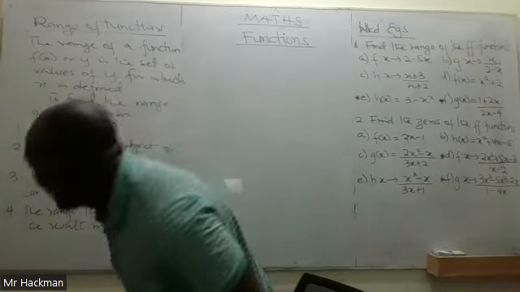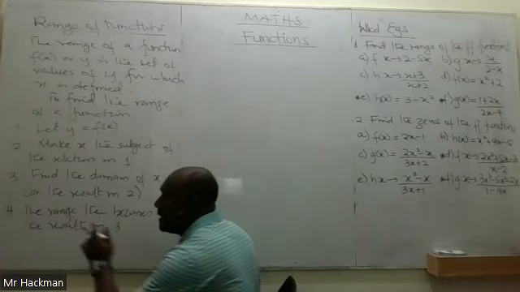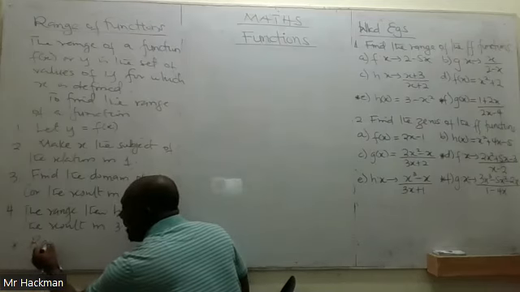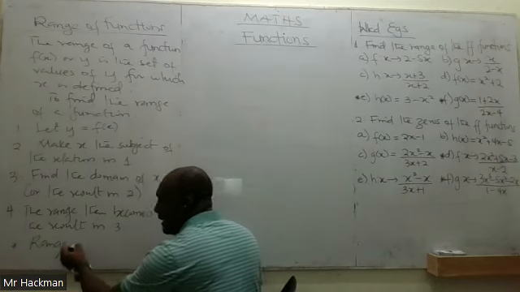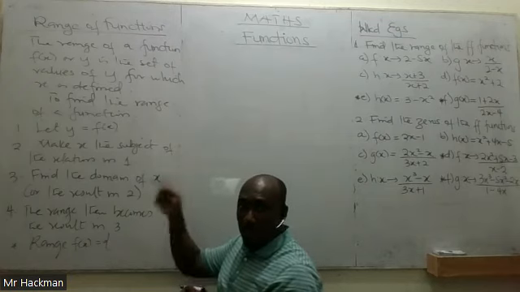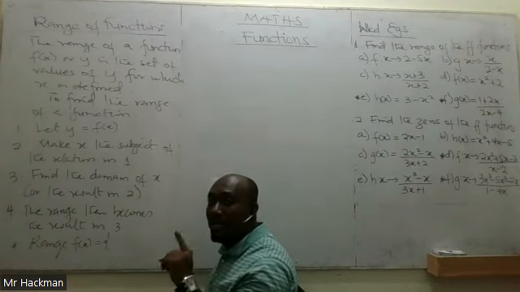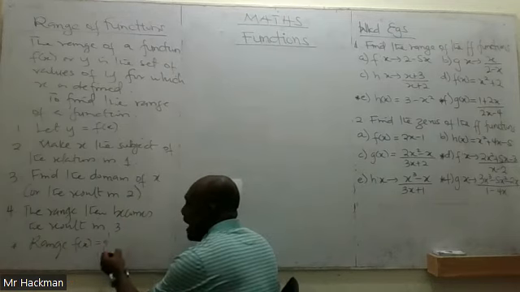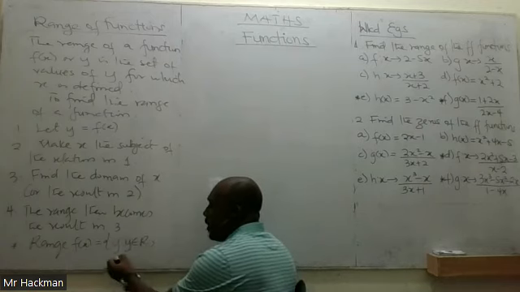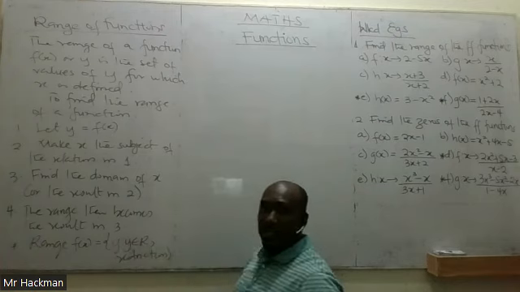This is how you form your range. So the range of your function, let's say f of x, will be as follows. Because the range is in terms of y, you write y is such that y belongs to the set of real numbers, but you don't end there. Comma, your restriction, if possible, or your condition.